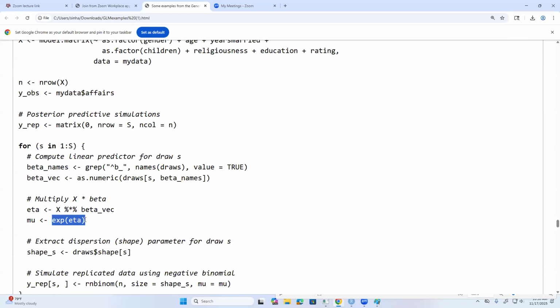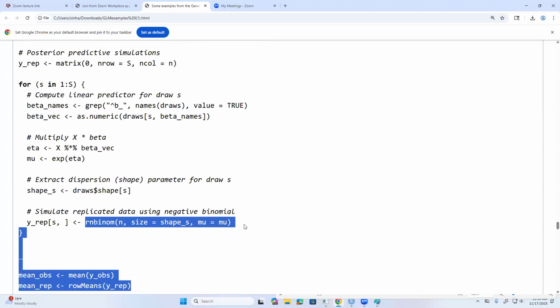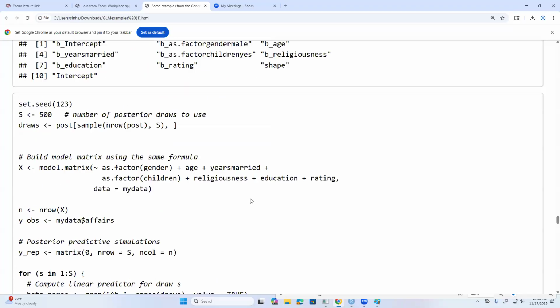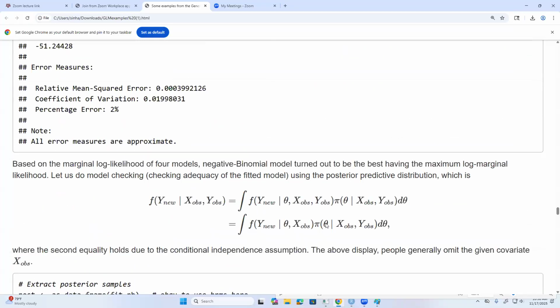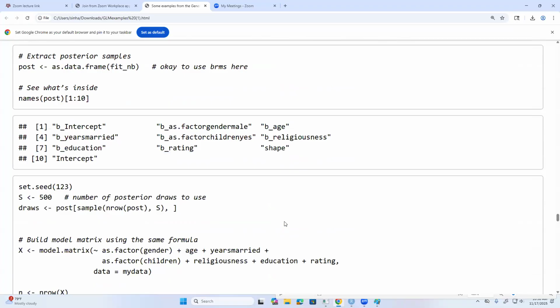And then the shape parameter, then sample y value from this negative binomial distribution. What I did, I sampled this theta from the posterior distribution, right? I use this theta in this model to generate a new observation, okay? This is the technique.